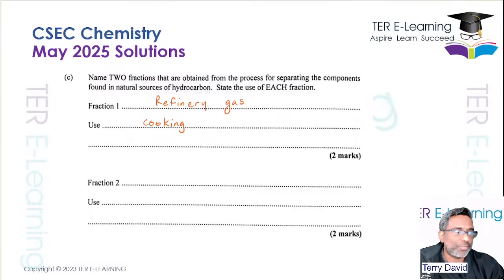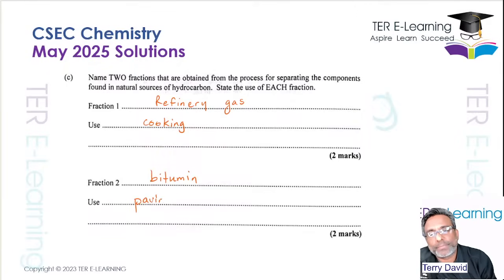The next one that we could put there, we can put petrol, or you can just go with bitumen if you want. So bitumen, and what do we use bitumen for? Paving roads. So you have multiple answers that you could give for this one because you have various fractions. You all could have gone with petrol, and we use that as a fuel for cars.